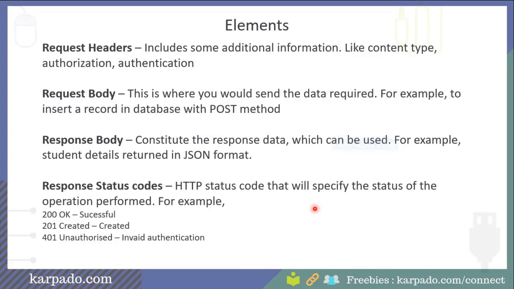Similarly, if you're able to create a record using the POST method, then you'll see 201 Created as a status. And if your authorization and authentication is invalid, then you may see the error code 401 Unauthorized. Now I'm pretty sure that if you're a beginner in web services, all this may sound a little complicated, but actually it isn't. Once we take a look at an example in future, you would definitely be able to connect the dots and understand what's happening.